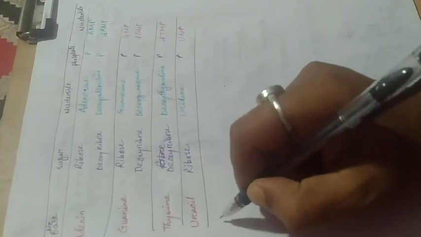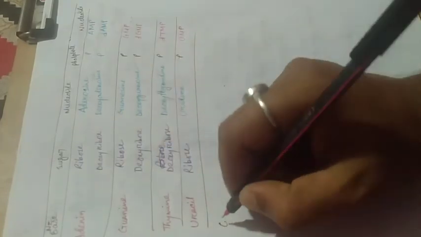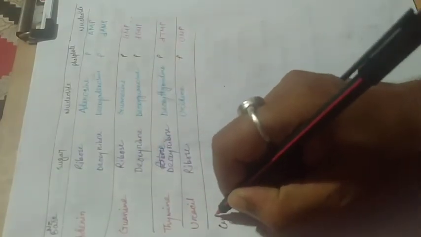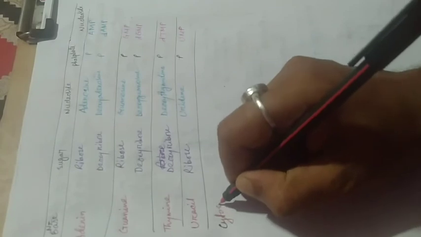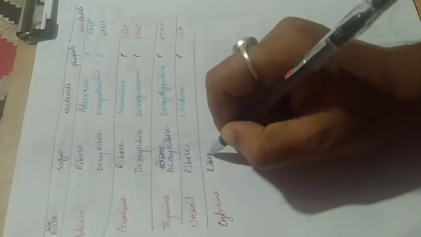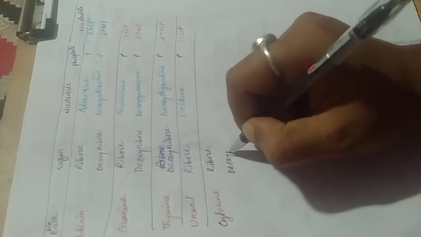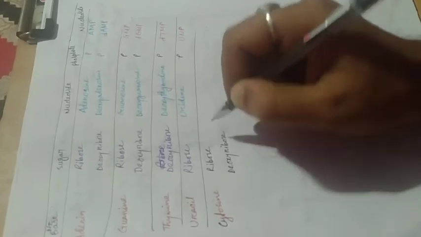Then another and last base is cytosine. Cytosine can bind with ribose sugar and also with deoxyribose sugar.